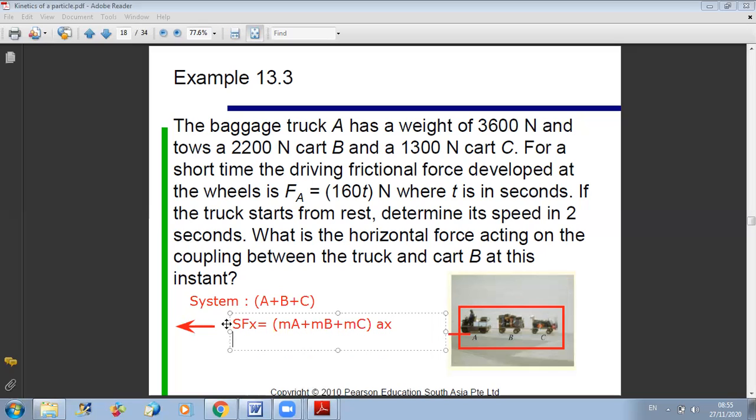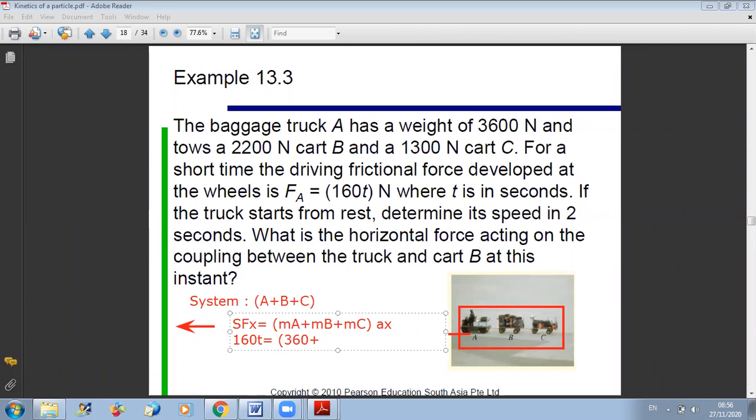The only force in X is 160T. So 160T equals the total mass times the acceleration. To find the mass of each car, I should divide the weight by g. So if I take g as 10 for simplification, the mass of A is 360.